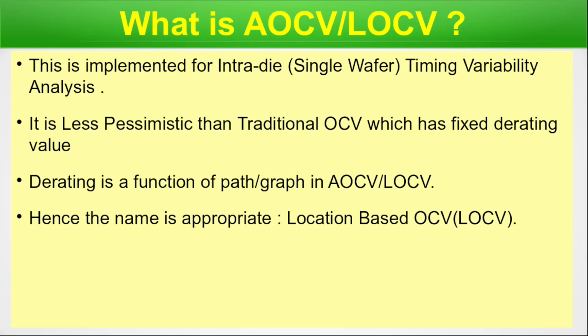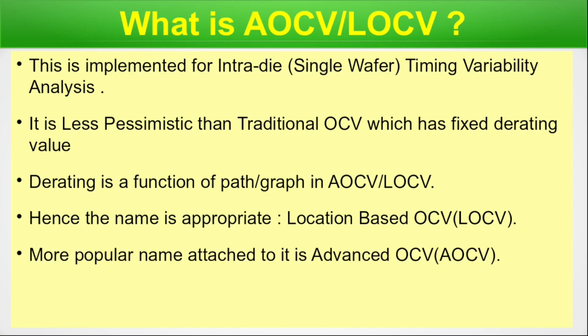Why is it important? Because in location-based OCV, the locations are determined by the path. Or the more popular name attached to it is Advanced OCV, that is AOCV. In the industry, the less common name is LOCV and the more common name is AOCV. So we are going to mostly call it by the name Advanced OCV or AOCV.